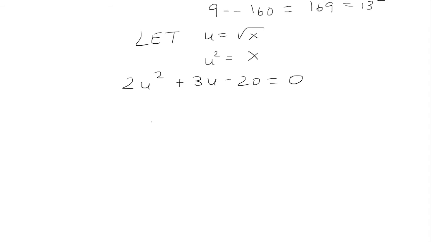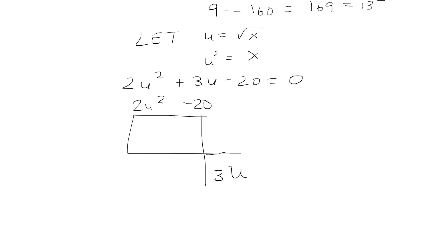And at this point you have to factor this. What I like to do is use this table. So we have 2u squared, negative 20. No, sorry, this is 3u and this is negative 20. What factors do you get to multiply to give you 2u squared? It's just 2u and u.